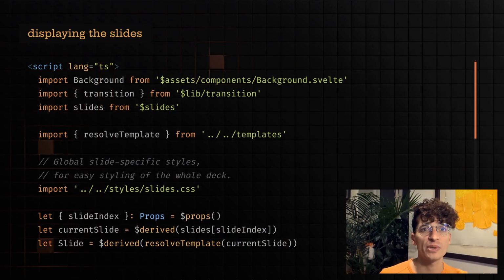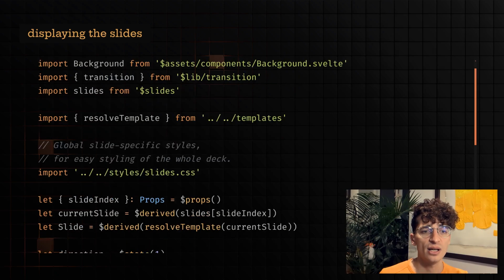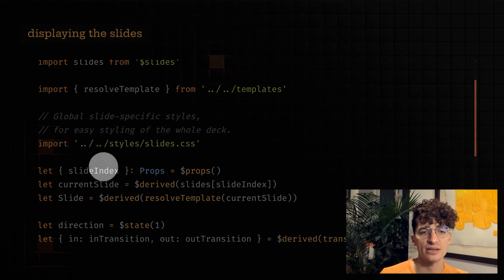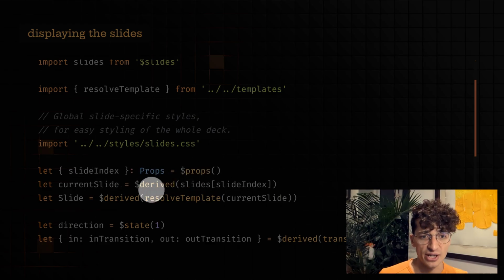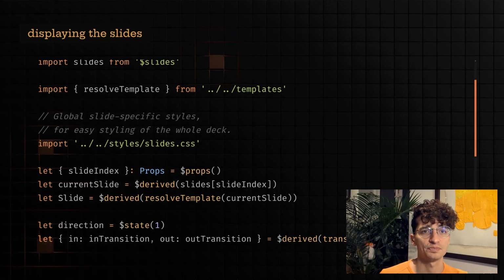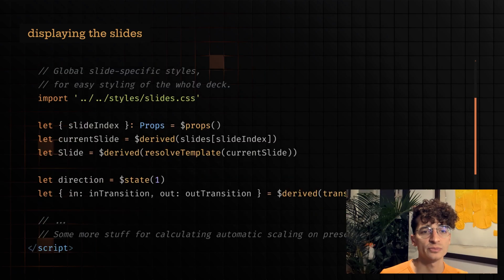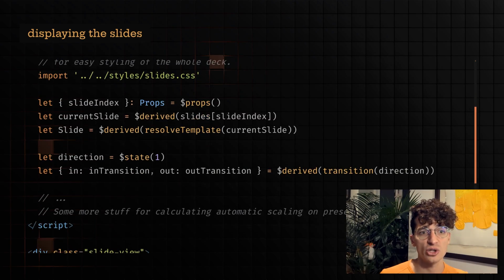The slide view component sets up some global styles and then uses the slide index to pull out the current slide from the canonical list of slides, and then passes that through to the template resolver to actually pull out the slide component. So super simple stuff. You'll notice we're using the new Svelte 5 syntax for rendering variable components.